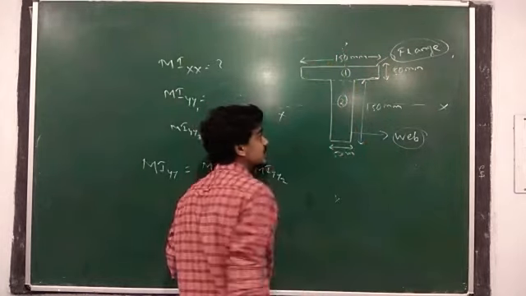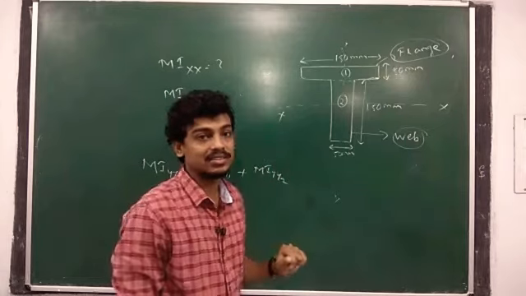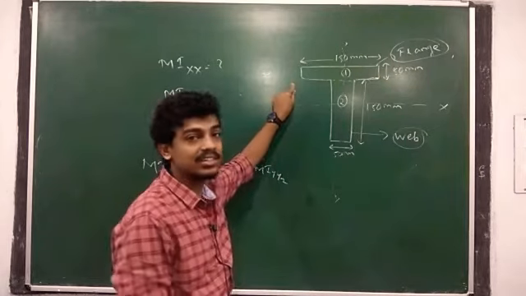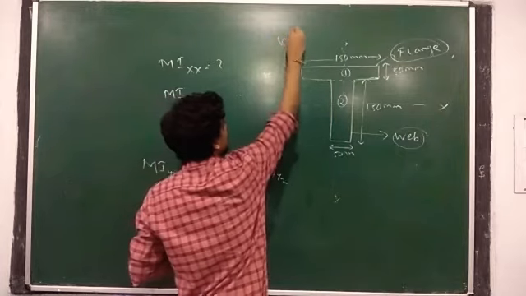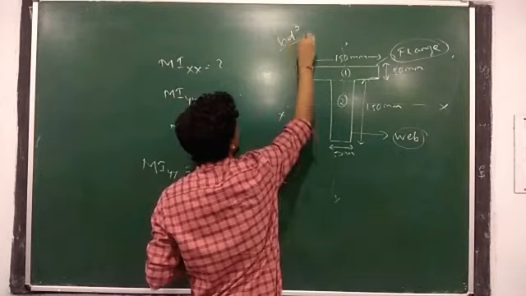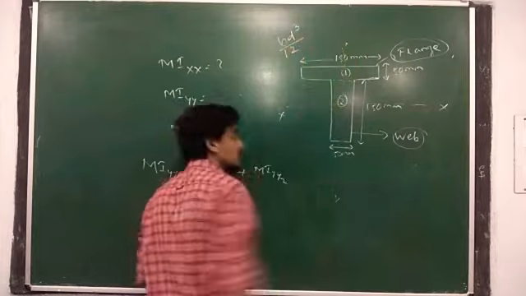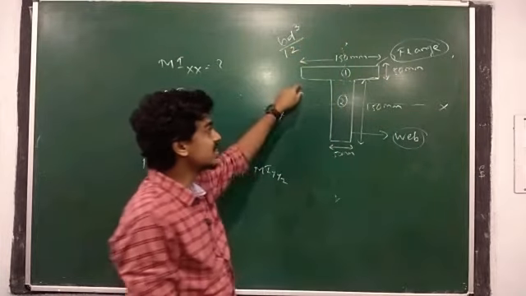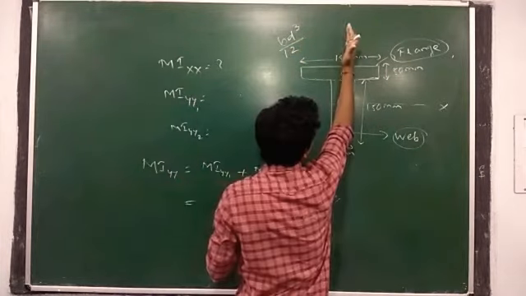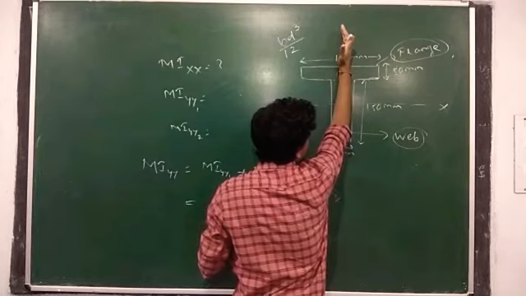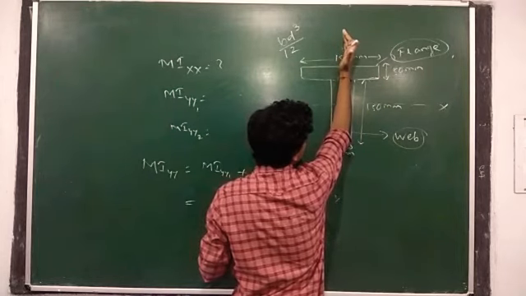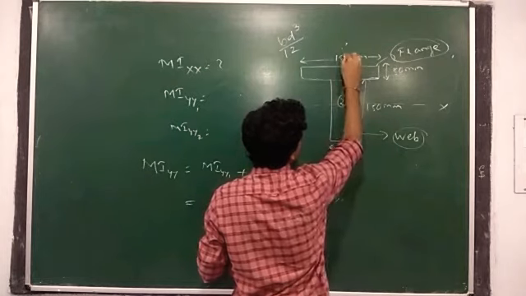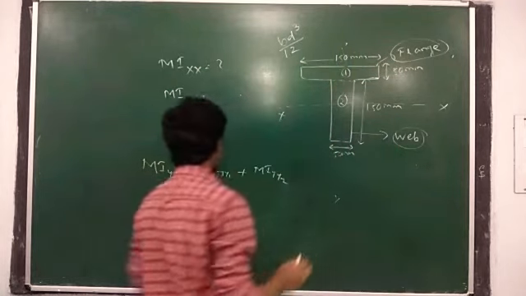You can see this is a rectangular section, and for a rectangular section the moment of inertia formula is bd cubed by 12. In this section about the YY axis, is the base 50 or 150? The base will be 50, because it is about the YY axis.